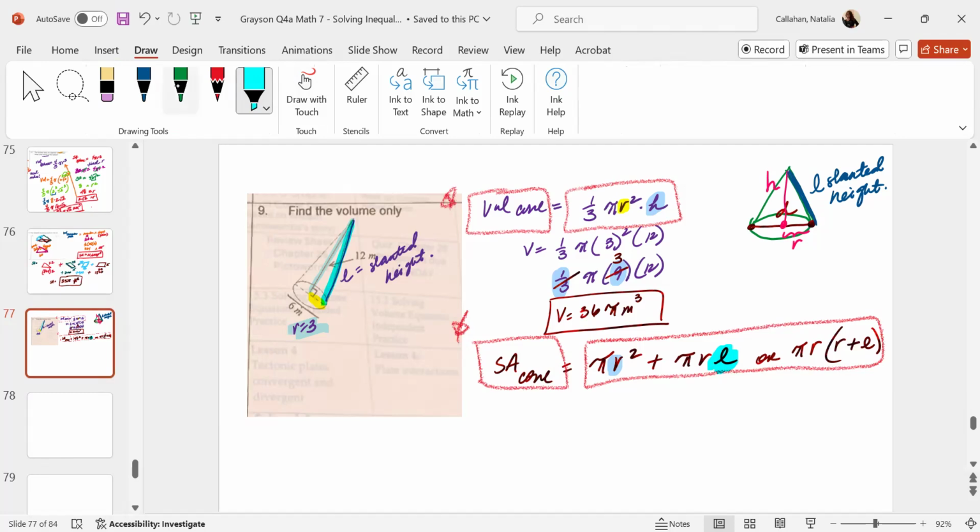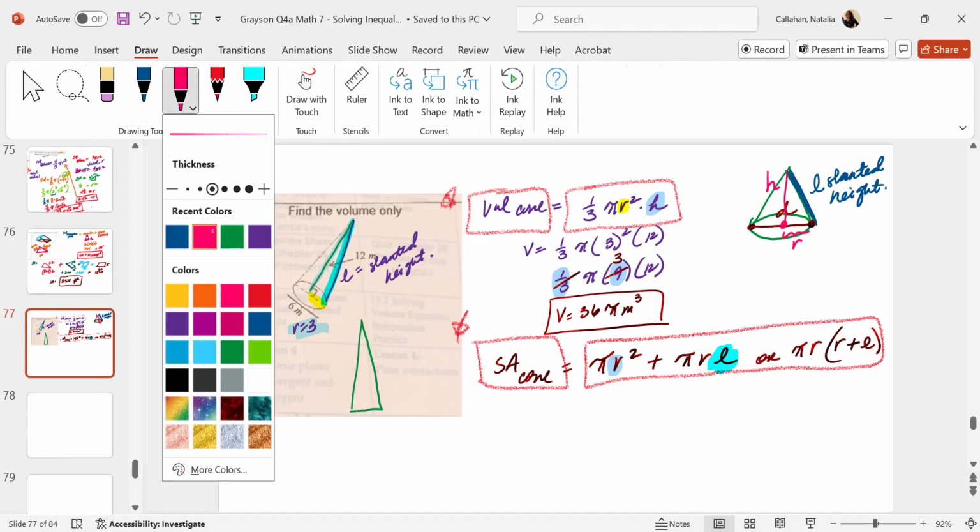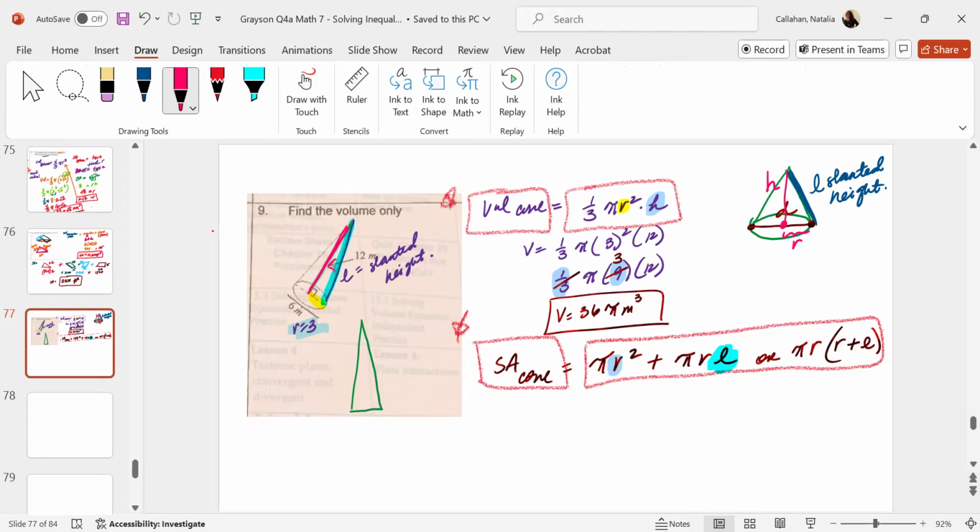Do I have the slanted height here? What is it? It's not there. You have this line right here. You see this pink line right there? Do you see this arrow pointing at it? That's 12. That's the same thing as this one right here. Do you see that? That's 12.